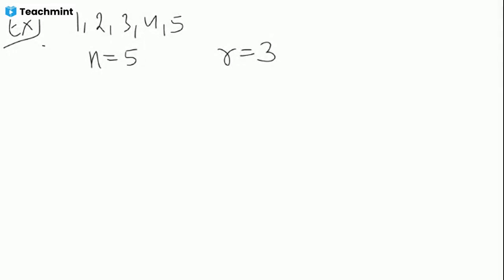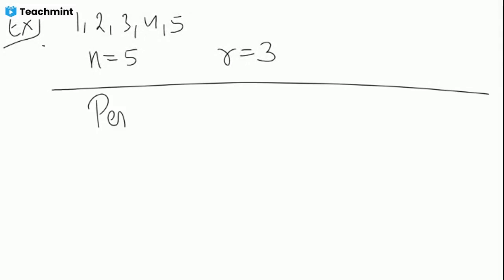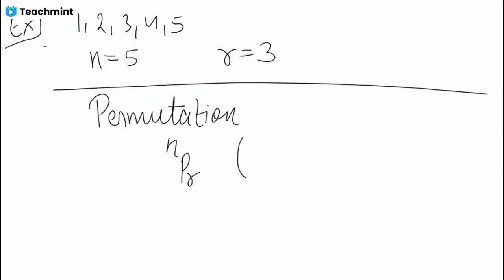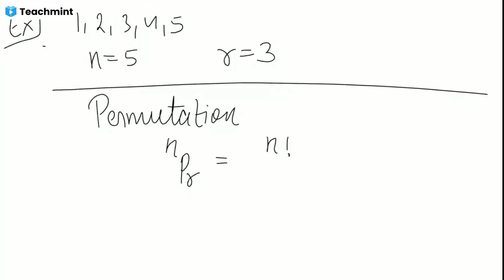Now the formula: permutation is denoted by nPr, or in some books they use this symbol. The most common symbol is nPr, which is equal to factorial n over factorial of n minus r. So how many pin codes can we form by using three digits out of these five?